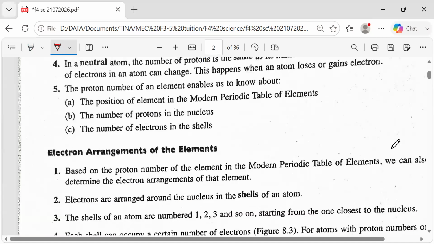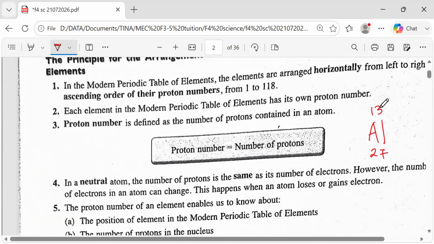In the periodic table, you will see it like that, 13 27. 13 is the proton number or the number of protons. Okay, 27 is the proton and neutron. Remember, there are three subatomic particles: proton, neutron, and electron.